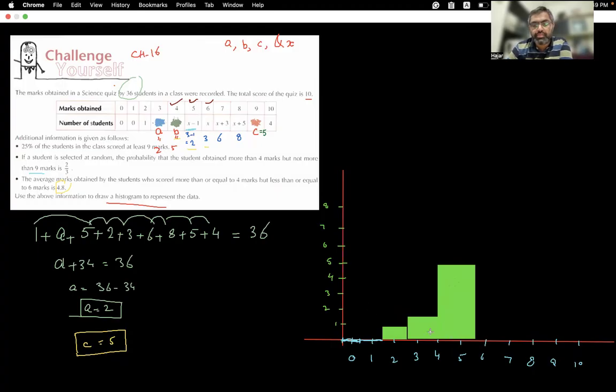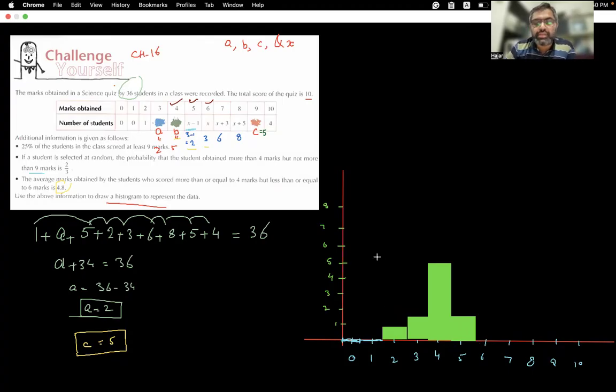For 4, it should be this thing. This actually should be less. So 4 students got 4 marks, something like that, till the midpoint between any 2 ticks. For 5 marks, we have got 2 students. So it should be like that. So the midpoint between 4 and 5 and the midpoint between 5 and 6.